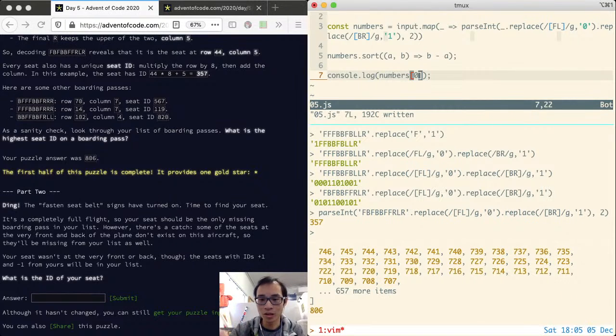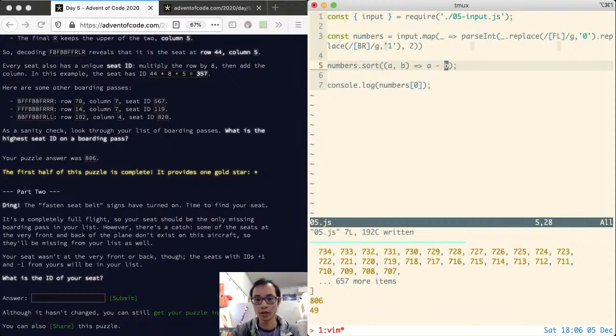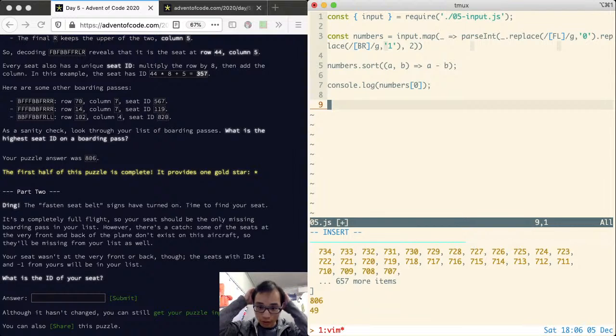So there's a missing number somewhere in the middle of this array. What's the easiest way to find a missing number in the middle of this array? What's the smallest number in this array, actually? 49. Okay, so minus 49.